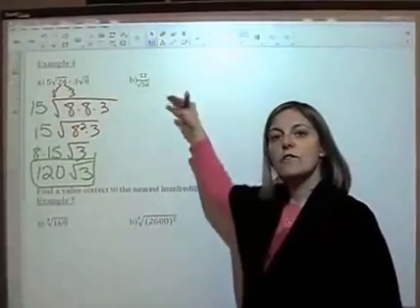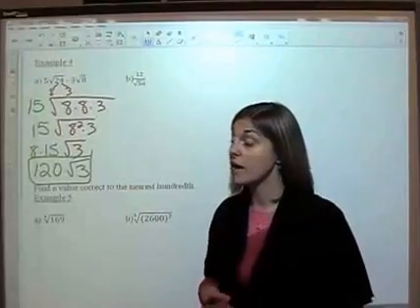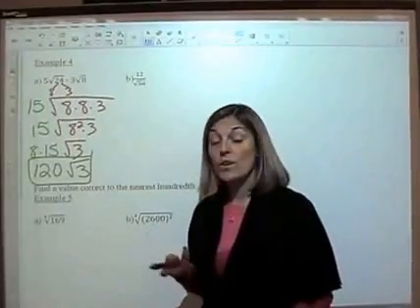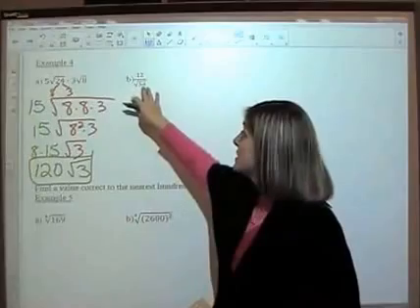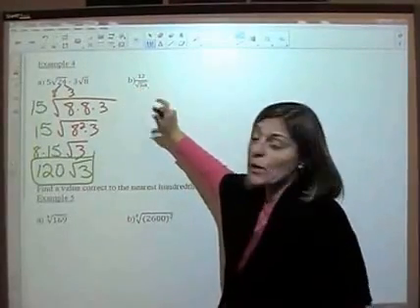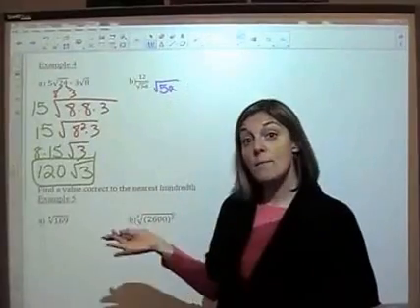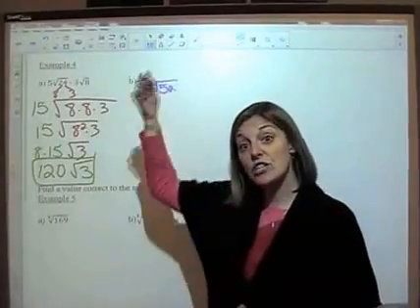We have 12 over the square root of 5a. Now remember, we can't have a radical in the denominator, so we have to get rid of it. Well, the easiest way to do that is, if this is a square root, just multiply it by itself, and then you have a perfect square. But remember, whatever you do to the bottom, you have to do to the top.